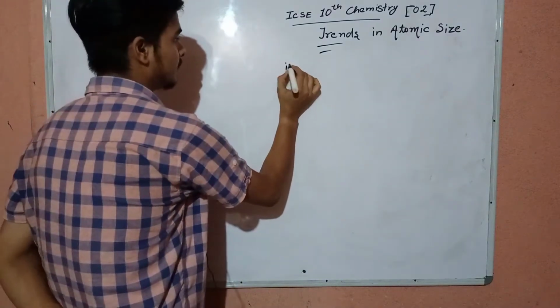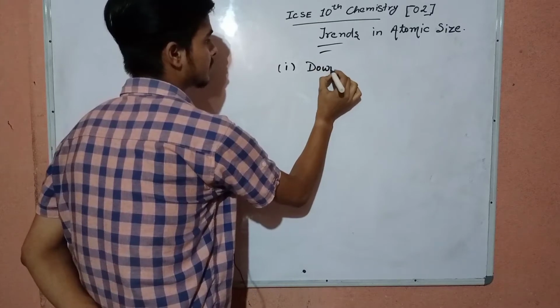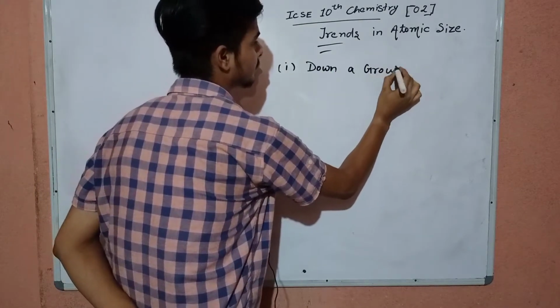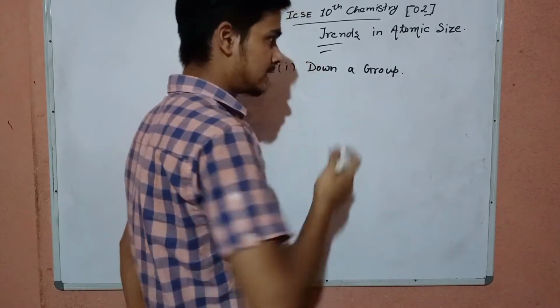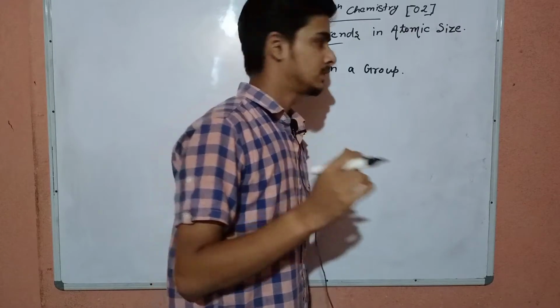So first of all let's take going down a group. Okay, so we are considering going down a group, and let's take the first group elements. What are they?